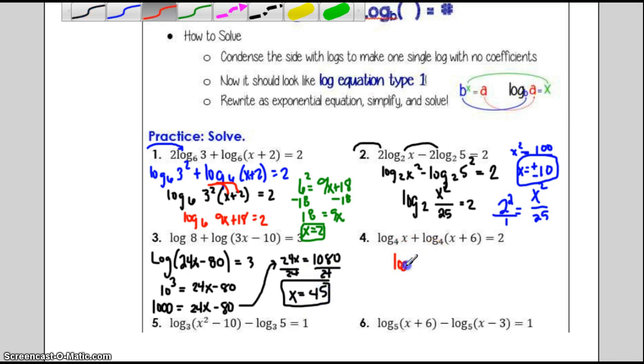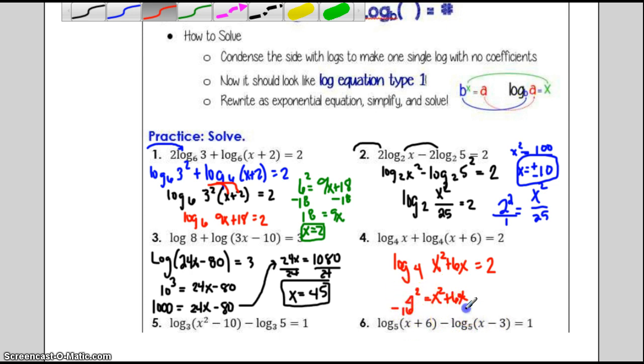Condense it. No coefficients. Keep that same base. And then we take the x times this here. So it's x squared plus 6x equals 2. Let's rewrite it. Base of 4 squared, because there's my exponent, equals x squared plus 6x. This one is going to be a quadratic because that x squared is going to stay there, which means we're going to get this 16 to the other side and factor.